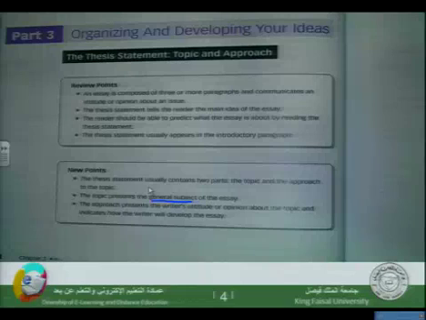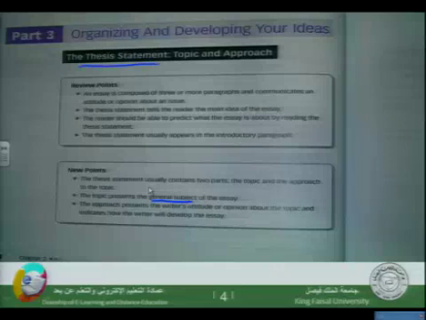Right. So these points have to be considered right at the beginning of your essay. Remember that we are talking about the beginning of the essay, where we are talking about the thesis statement. Okay? All of this is so important.